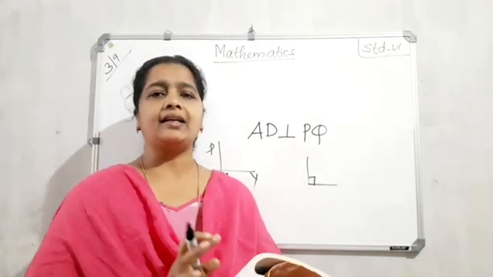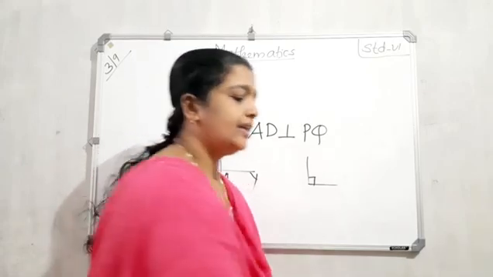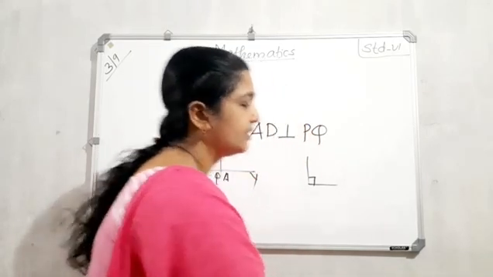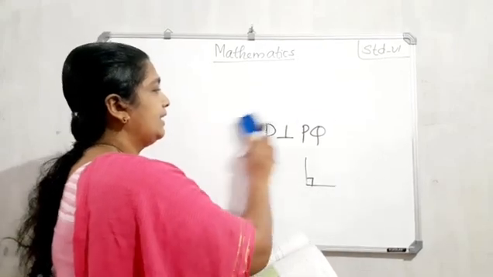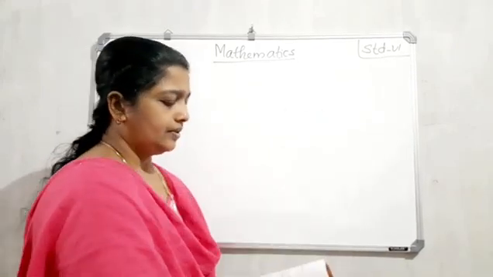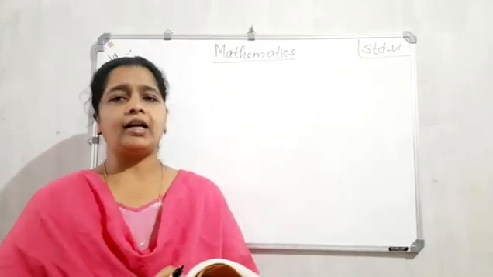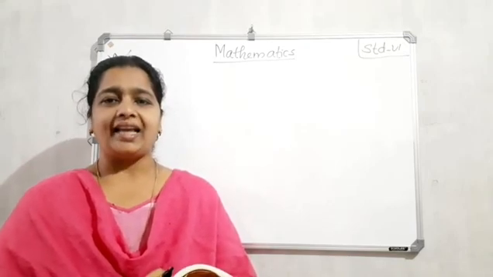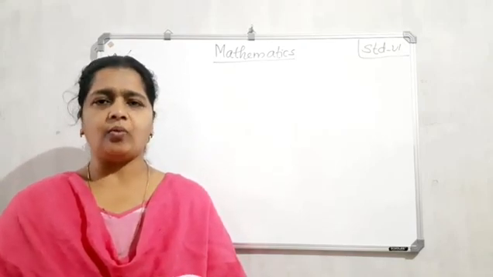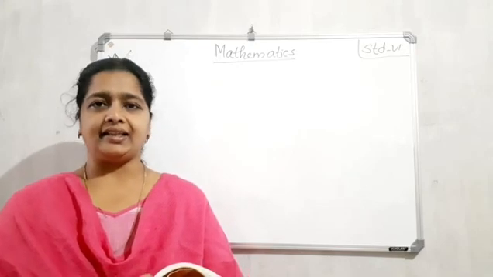Perpendicular means the angle equals 90 degrees. So we can say that the angle is 90 degrees. Understand? So what is the measure of angle PAY? Yes, angle PAY equals 90 degrees.